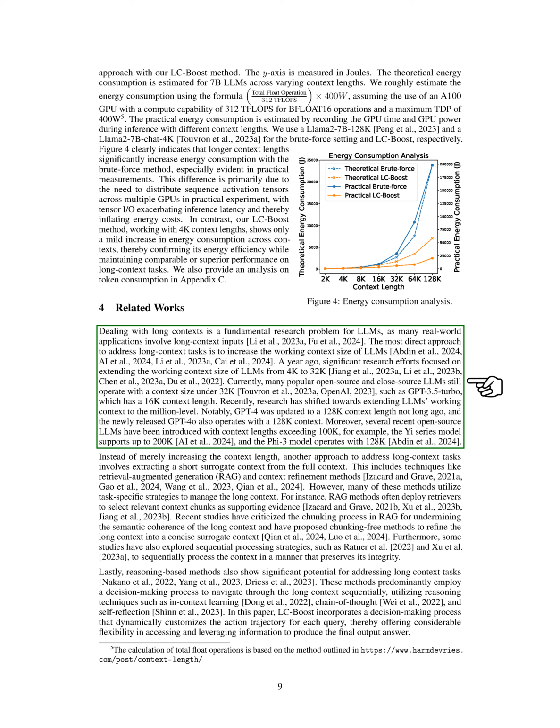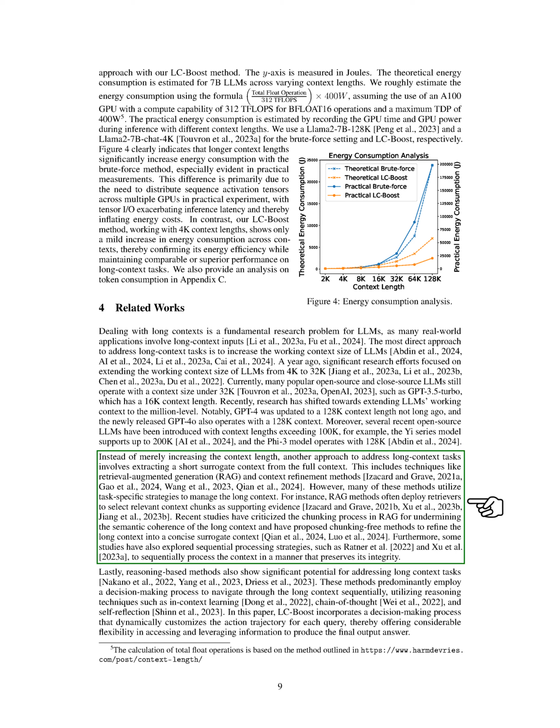Dealing with long contexts is a key challenge for LLMs, as many real-world applications require processing of extensive inputs. Researchers have explored different approaches to tackle long context tasks, such as increasing the working context size of LLMs. Some recent models have extended their context lengths to over 100K, showcasing the trend towards larger context sizes.